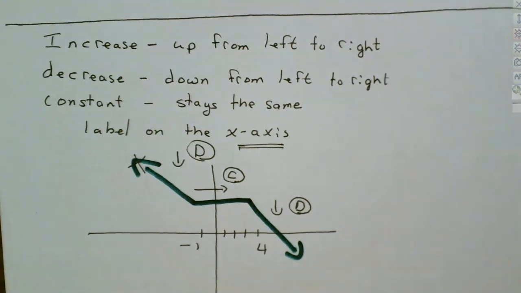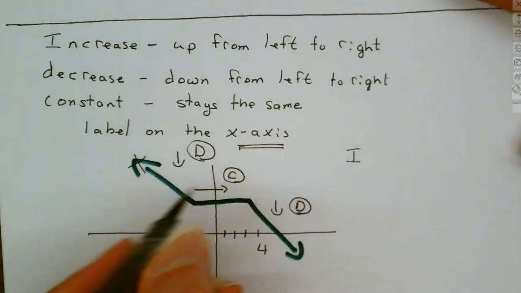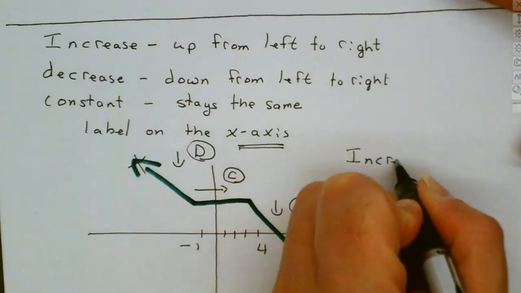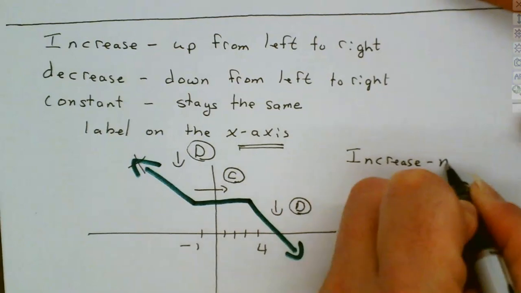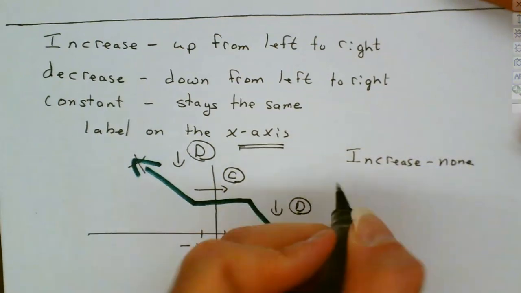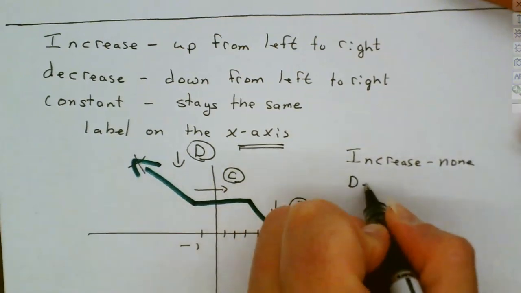Just like we did with the sets and interval notation, we use a U for union for the pieces. So we already said that there's no increase. What about the decrease? Let's do it next.